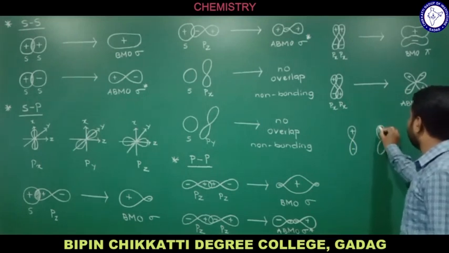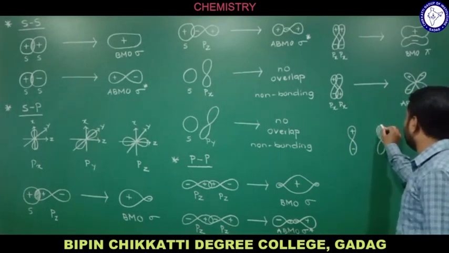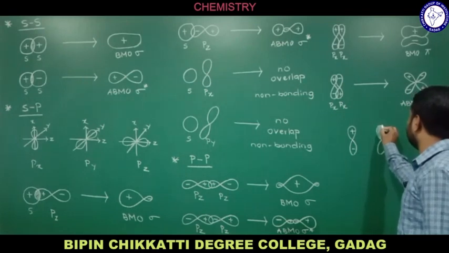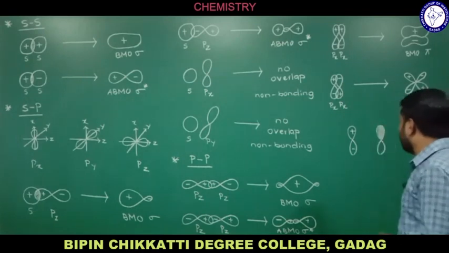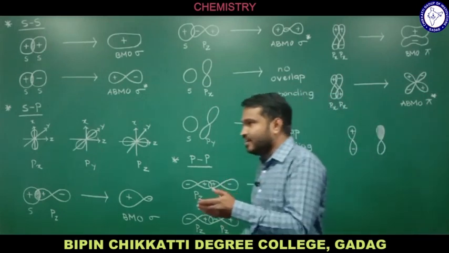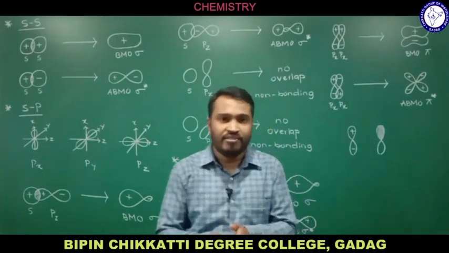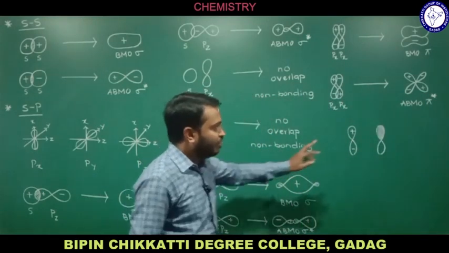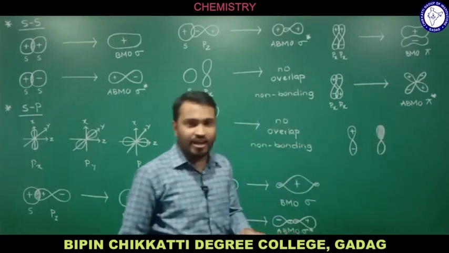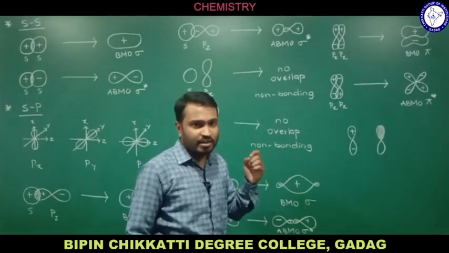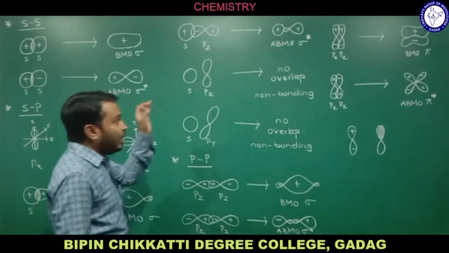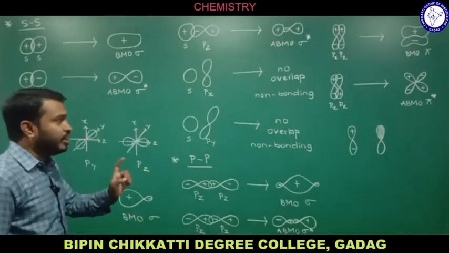If they shade one, to identify which one is being considered, then if you consider one more atomic orbital with the same shaded lobes, we have a BMO. If we have a shaded and an unshaded part, that is ABMO we can represent. So this is how the atomic orbitals are going to combine to get a molecular orbital.